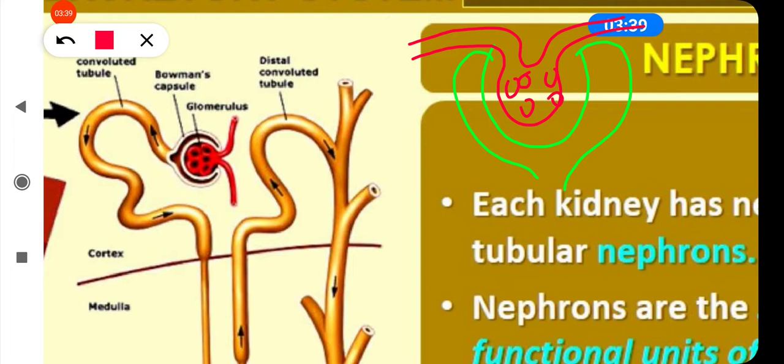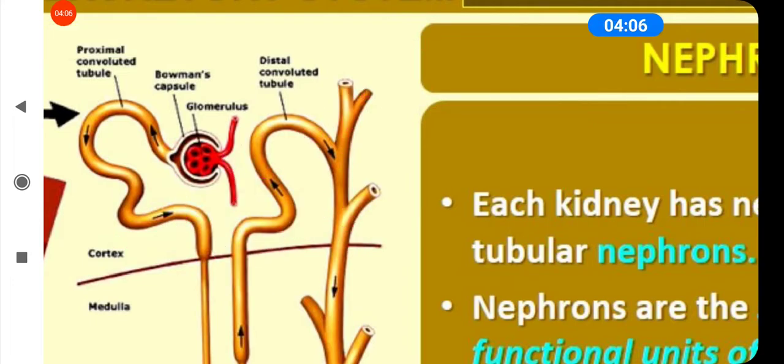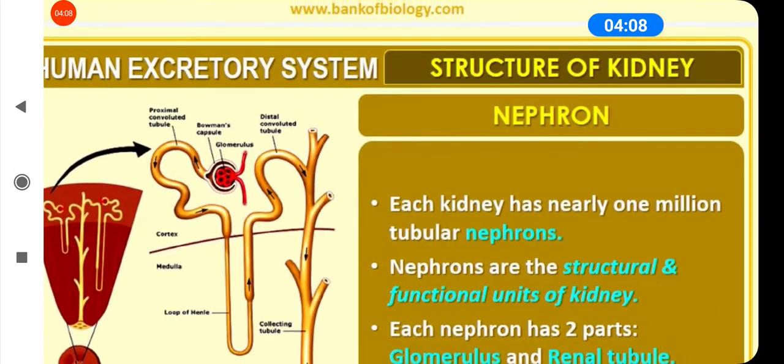So these are the new names for you, glomerulus. This is a network of capillaries, and this is a Bowman capsule. Together glomerulus and Bowman capsule are called the Malpighian body.